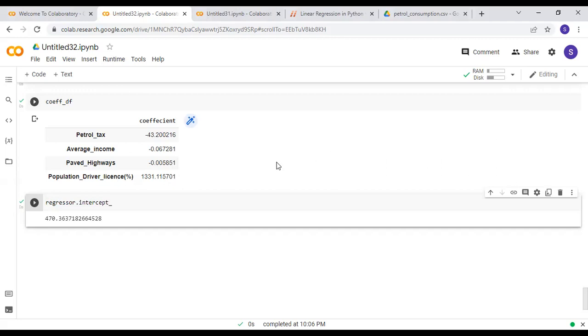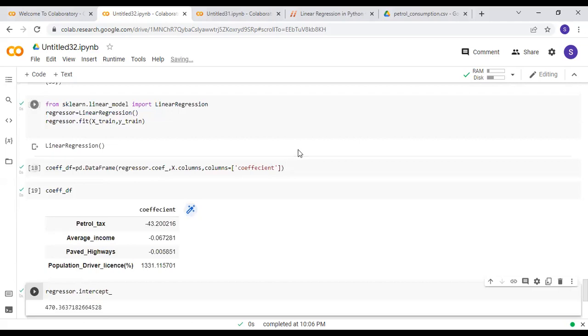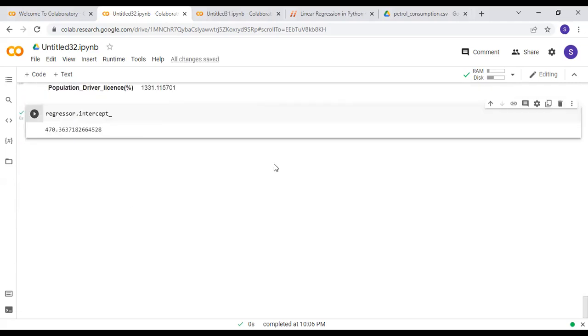This is the coefficient value of the model, and this is the intercept value of the model with respect to the y-axis. The intercept value is 470.36. Right. Understood this thing? Have you understood? Yes, sir.